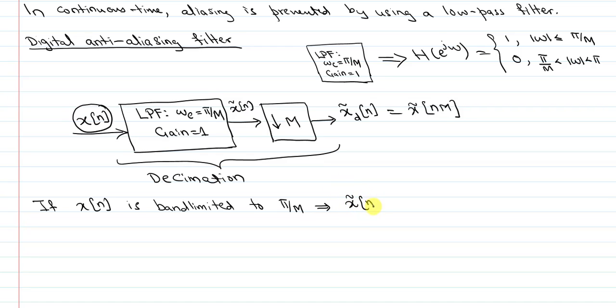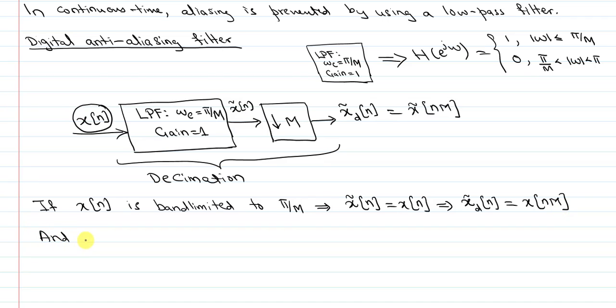So in that case, x tilde[n] will be equal to x[n], which means that your downsampled version will be the same as if you had no low pass filter, so you will get x[nM]. So the advantage of adding the low pass filter is that you get back what you desired if there was exactly a band limited signal.